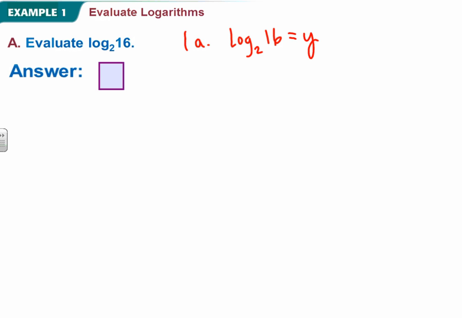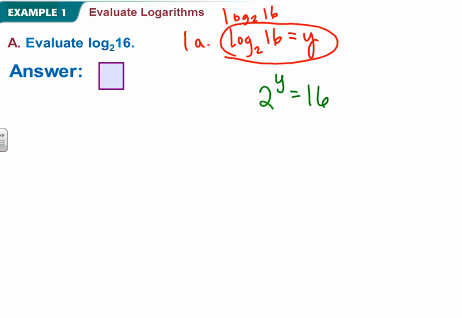The log base 2 of 16 equals y. And actually, this was originally the log base 2 of 16. That's what the book authors will give you. And so if you rewrite it like this, then you're going to remember our base is 2. The logarithm is equal to the exponent, so 2 to the y equals 16. So you can convert that into exponential form.